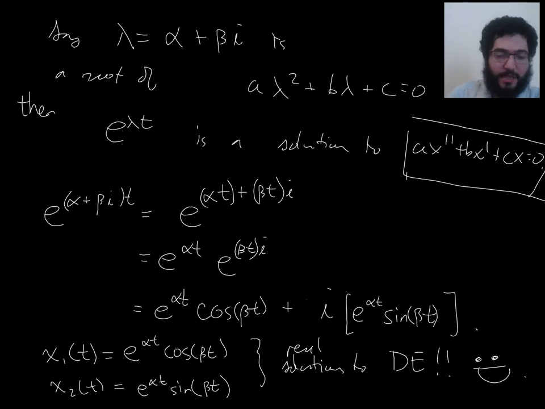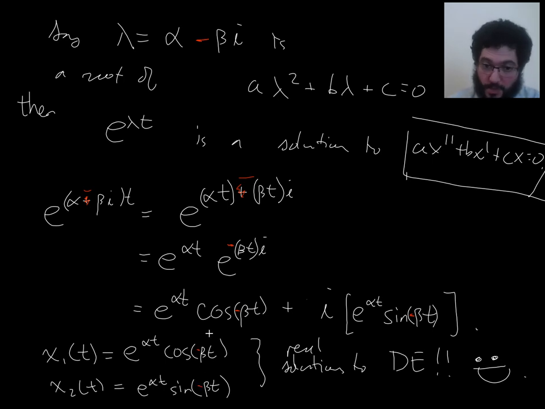Well, if I had put in alpha minus beta i, let's look at what changes. Here I would have a minus, and here a negative beta t, and a minus in each of these places.